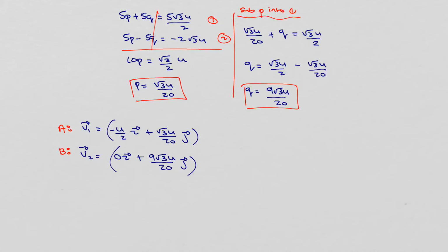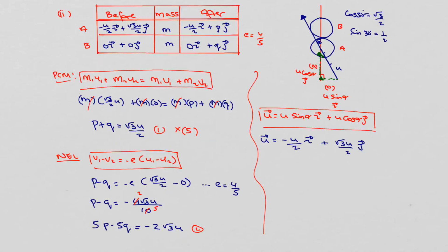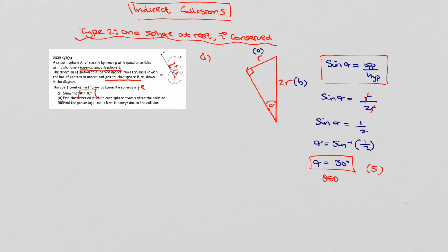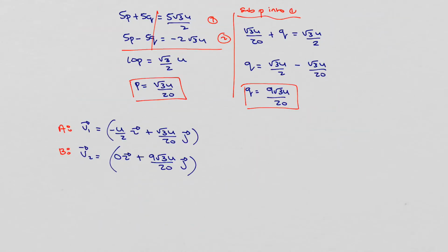Okay, so now we have their velocities. What is it we are looking for again? We go back to the question and it says find the direction. So we have to find the direction in which the spheres travel, which means I need to work out their slopes. So on the next page we'll say direction.